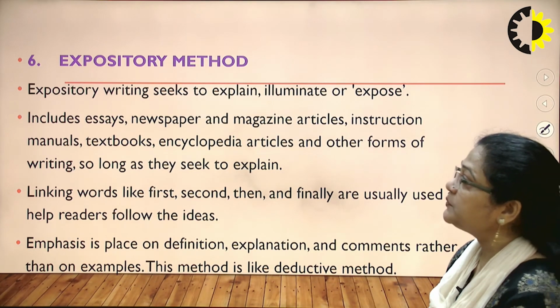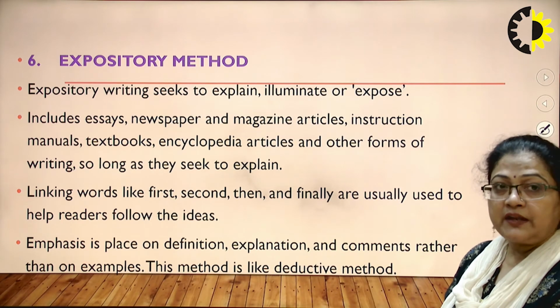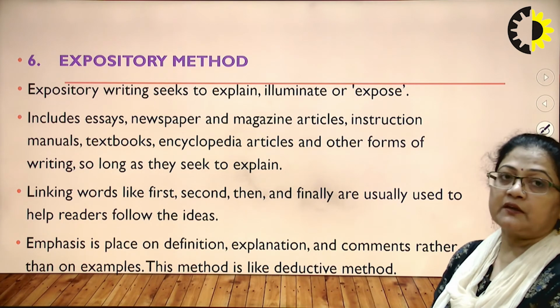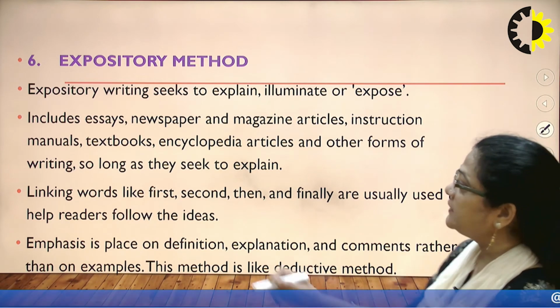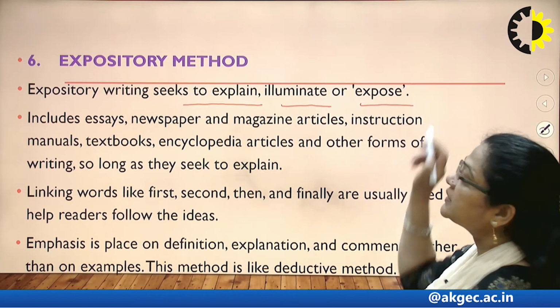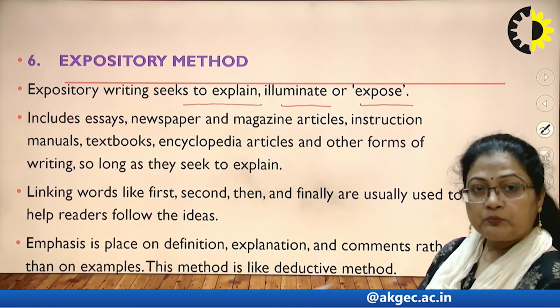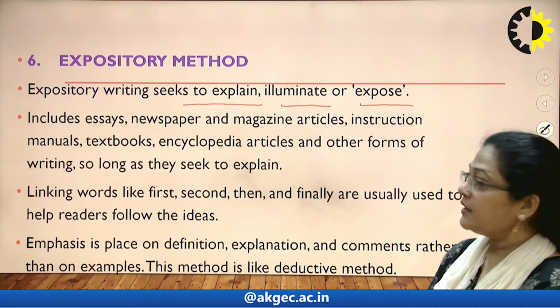Next is expository method. Expository writing relates to exposing something or putting forth something for the first time. So, this writing or this method seeks to explain, illuminate, or to expose. Expose means to put something in front of you, to reveal something in front of you. Okay.